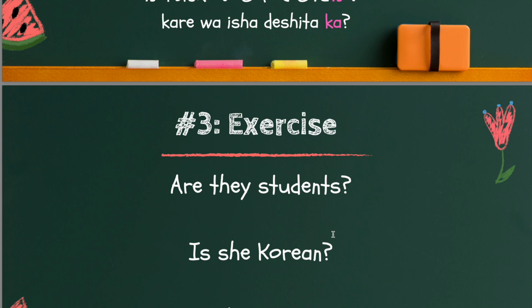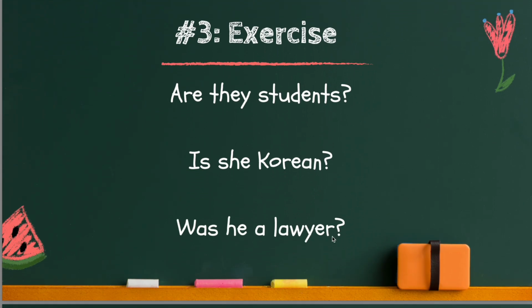I have another exercise for you. Now, I'd like you to translate these three sentences into Japanese. Stop the video, take your time, and when you are ready, restart the video. Now the answers.